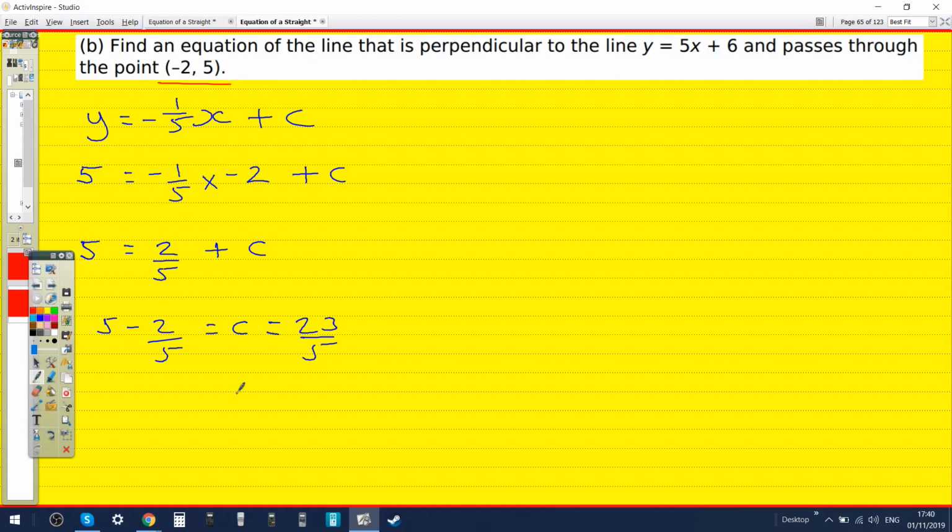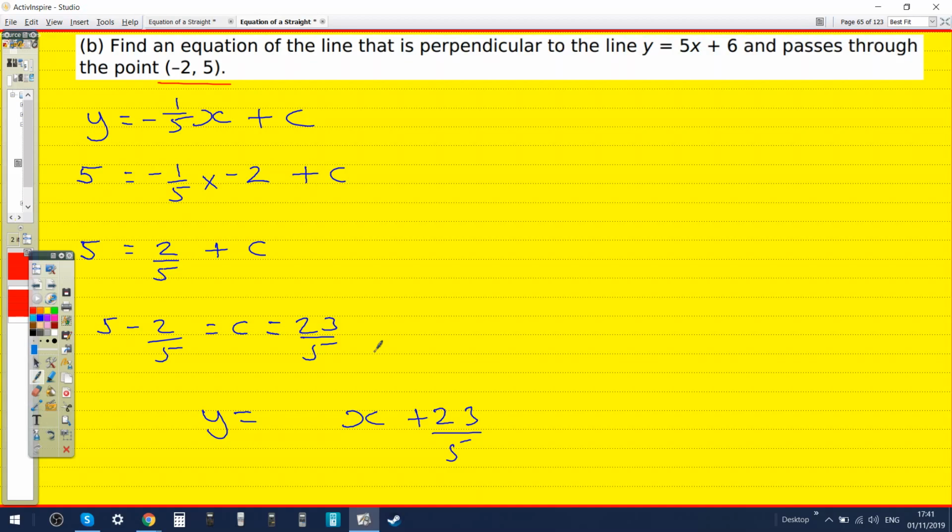Okay, so y equals 5x plus 23 over 5. That would be parallel. We want perpendicular. Oh, the reciprocal?